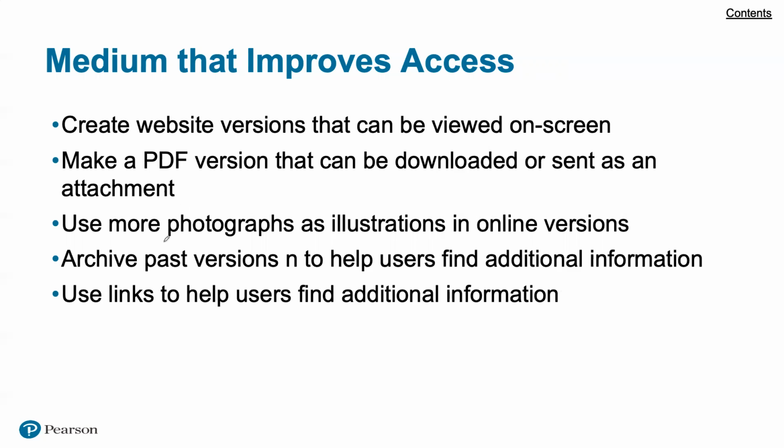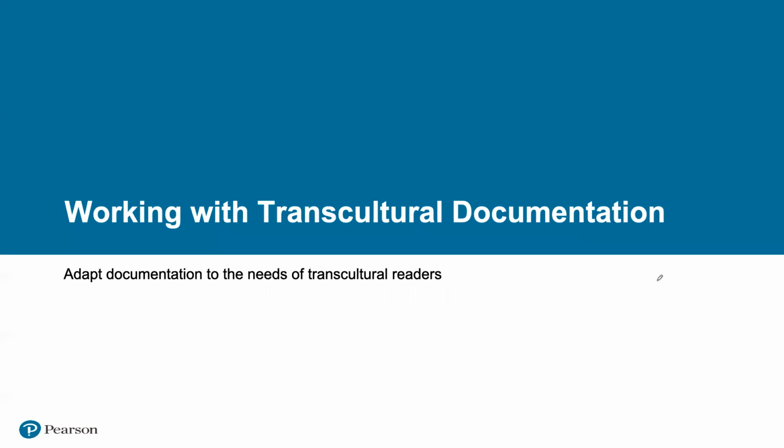You want to use more photographs as illustration in online versions, just taking advantage of how things are typically done for that type of media. You want to archive past versions in order to help users find additional information, and then use links to help users find additional information.